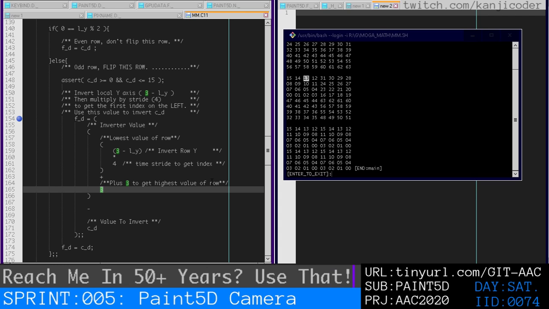Or, you know, if we want to flip these values, we have to get their locals first. So we got to invert the row, times stride to get the index.